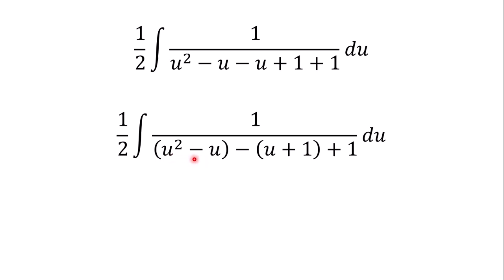U is common here, so u will come out, and it will be left with u minus 1. U plus 1 will come out, and here will be left with u minus 1.